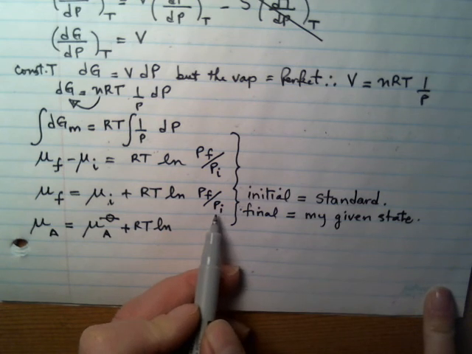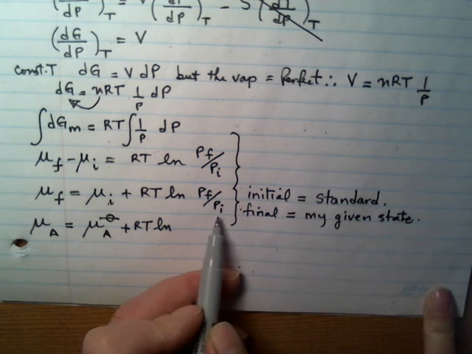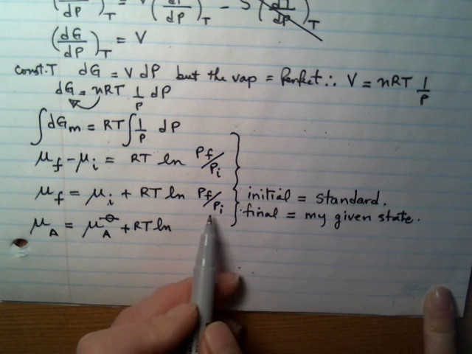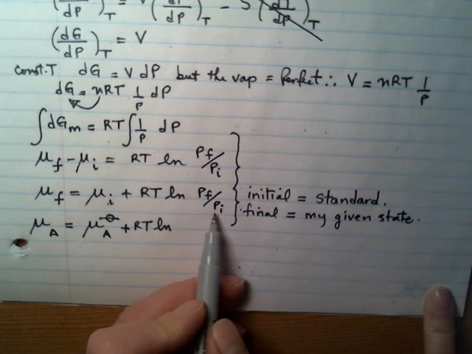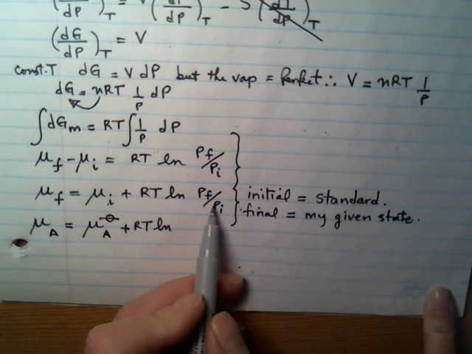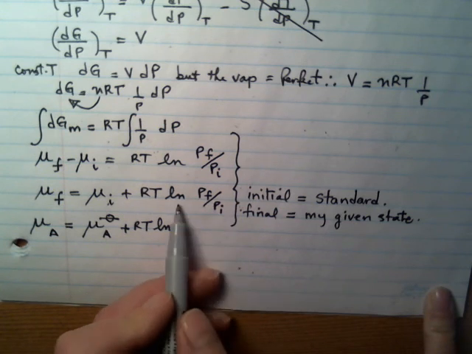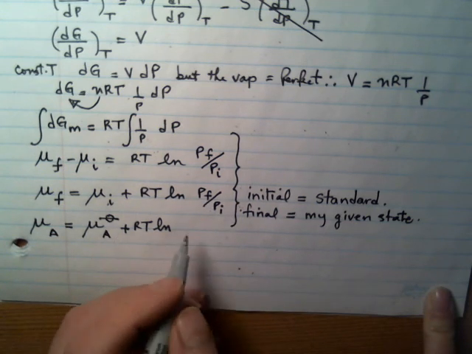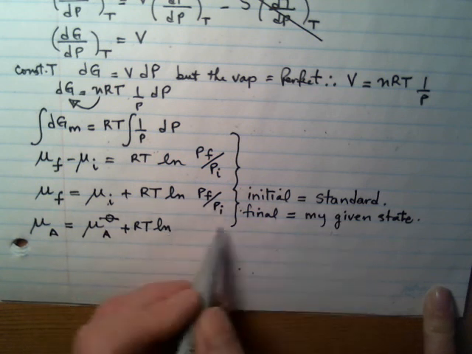You're saying 1 bar. And what is the ln of 1? This is why standard is 1 bar. ln of 1 is 0. So, do we have a division by 0? No. This is 1 bar. So what it effectively does is get rid of the unit, and I'm just left with the ln of the P in that given state.